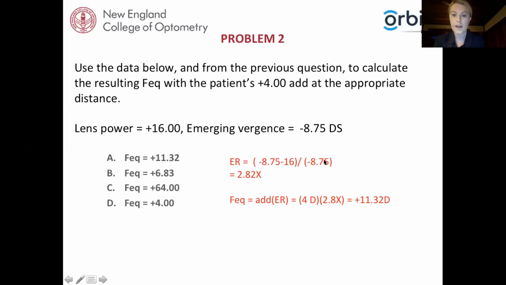With that, we get an enlargement ratio of about 2.8 times. If we then multiply our 4 diopter near addition by this enlargement ratio, we get an equivalent power of about 11 diopters. So that is an important thing to remember from our basic optic principles: emerging vergence, that divergent light, makes a negative vergence value.